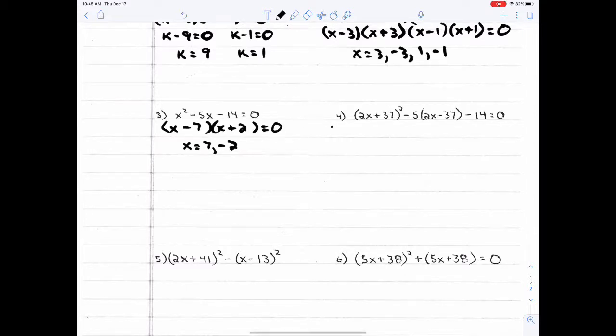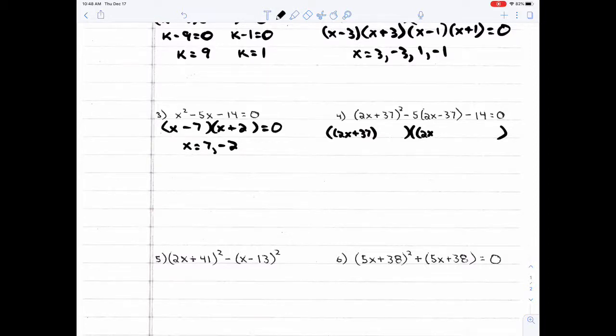Okay, now what would this be? It's the same equation. What times what? It's a trinomial. What times what gives us the first term? 2x plus 37 times 2x plus 37. Sorry, I blew this when I wrote this problem. Bummer. Okay, I'm going to change the problem.